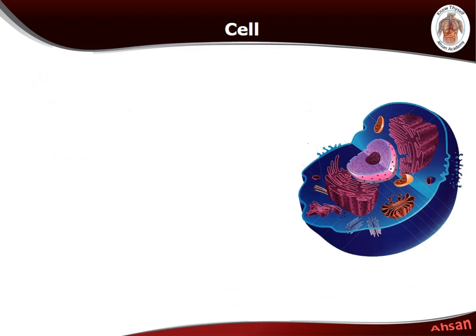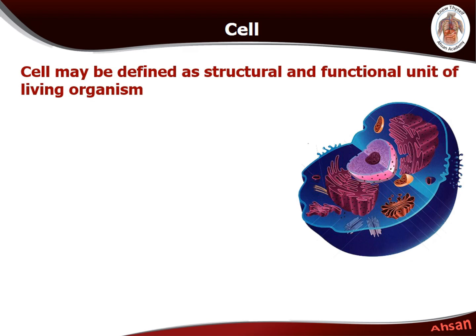If we study the level of organization of the human body, we will find that the cells are the structural and functional unit of the living organism. Here it is forming the structure as a unit, and also this is the center of all functions.